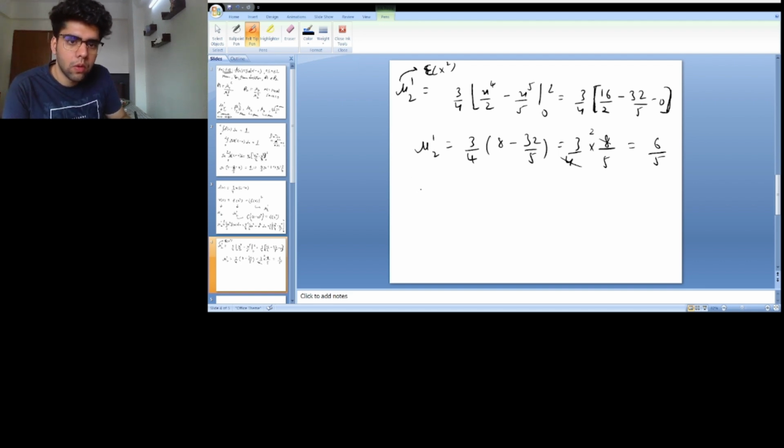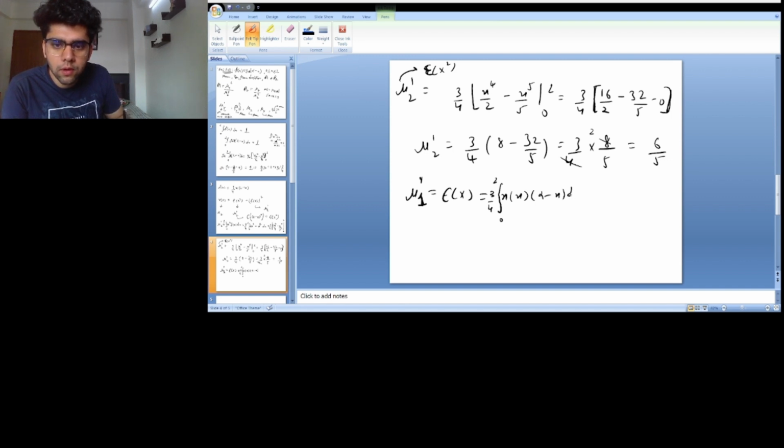So now I need to find mu 1 with respect to the origin, which is E of (x minus 0) to the power 1. So let's just find this. x into x into (2 minus x) dx.